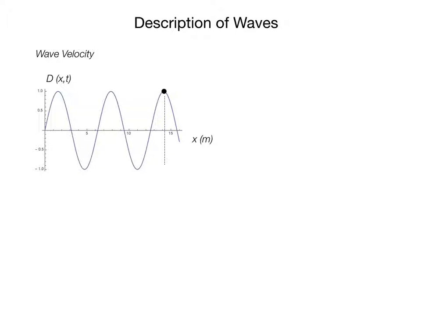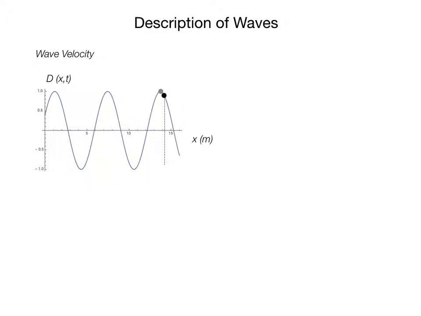So let's go back again to that picture of the waves, and this time I'll consider a point somewhere around the 14-meter mark. The point is at the crest of the wave, but a little bit later another point becomes the crest, because the original point at around the 14-meter mark is now moving towards its equilibrium.